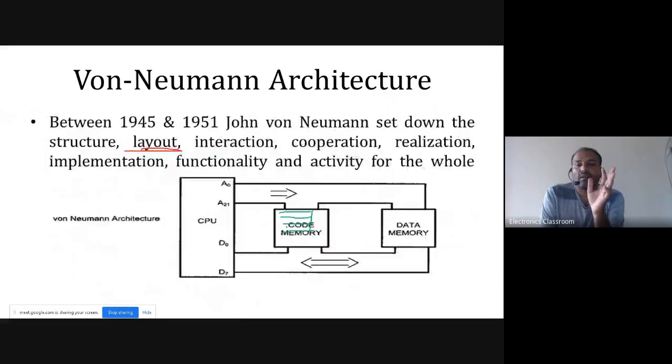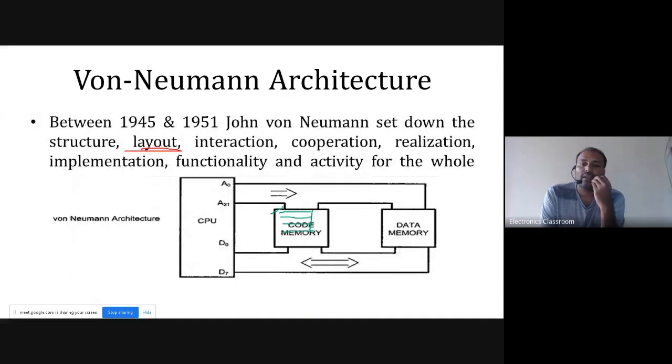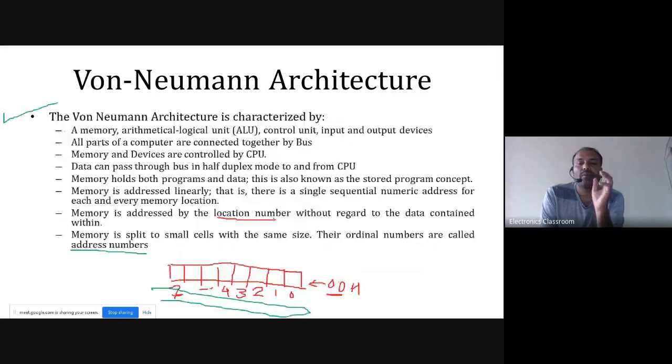But right now, if you see the advantage, we can store code or data in any section of memory. There is no limitation like in Harvard, where we have to use only the code section to store code and the data section for data.